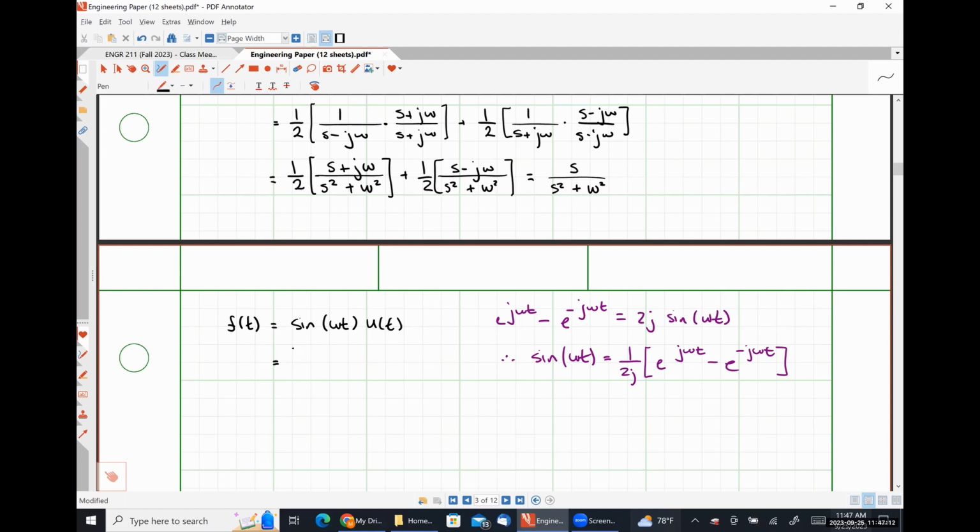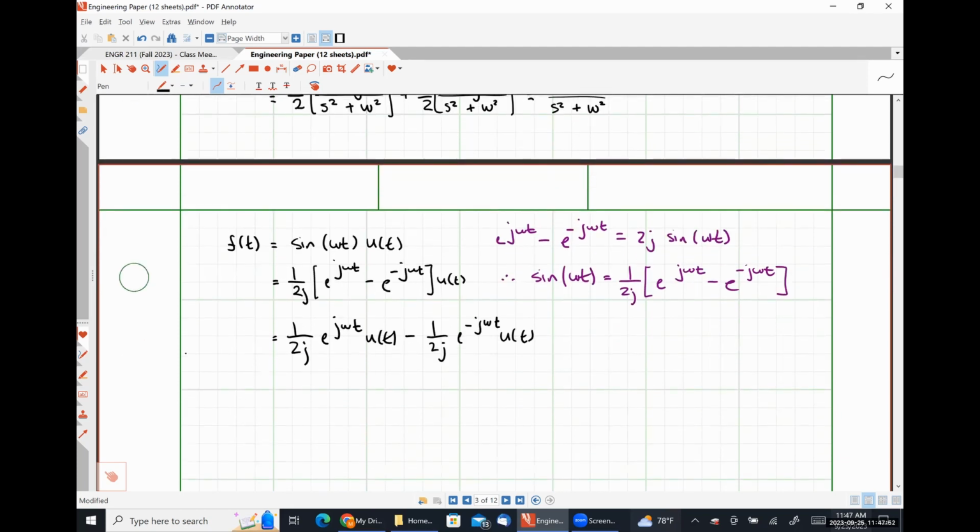So that's going to look like 1 over 2j times e to the j omega t minus e to the negative j omega t, u of t, or 1 over 2j times e to the j omega t u of t minus 1 over 2j e to the negative j omega t u of t. That's what I've got up to this point. Okay.